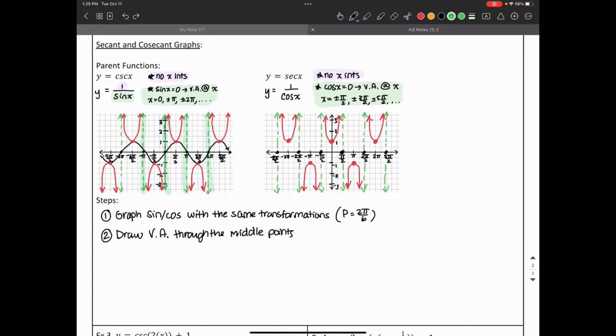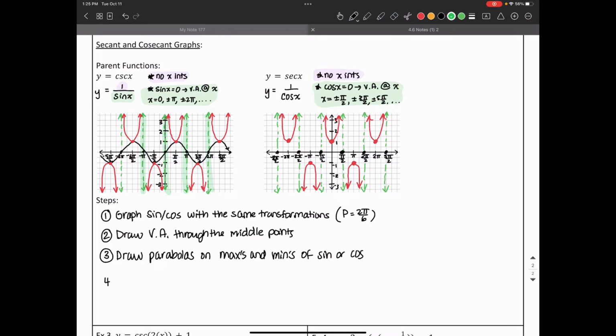And then the third thing I'm going to do is draw parabolas on the maxes and minimums of sine or cosine, making sure I draw them away from the x-axis.